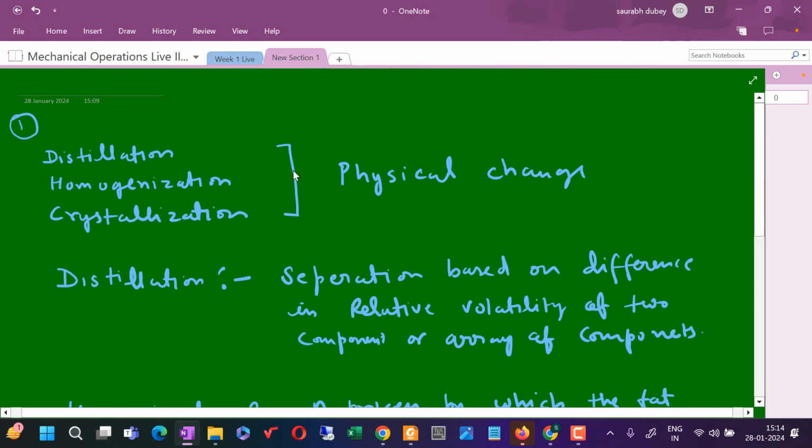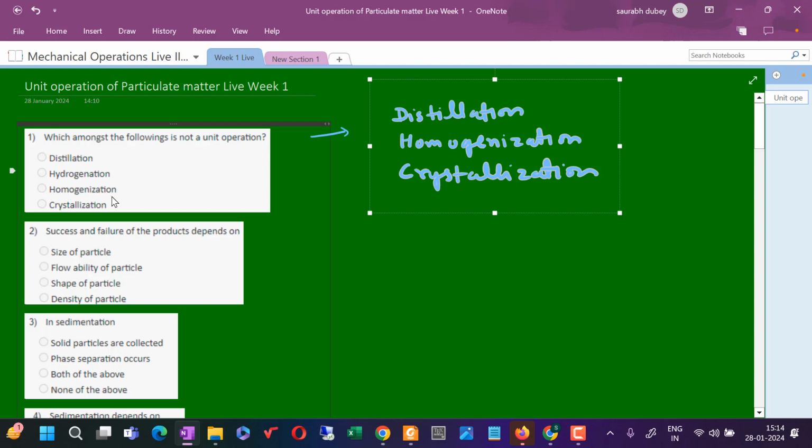So now if you see, the only remaining option which is a chemical change is hydrogenation. So what is hydrogenation? You know that through hydrogenation this vanaspati ghee, these things are made, and hydrogenation is a chemical change.